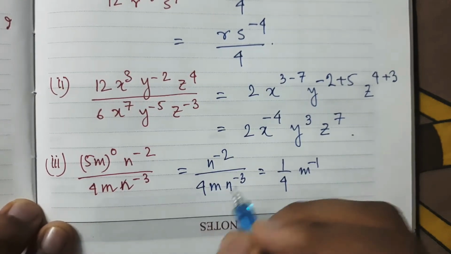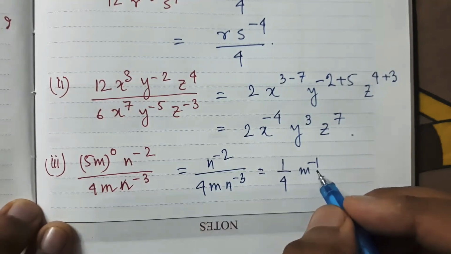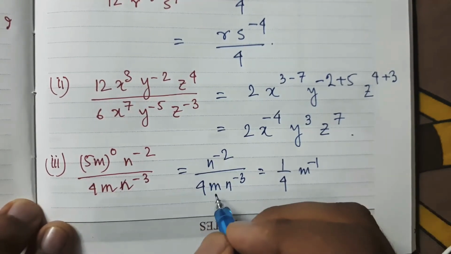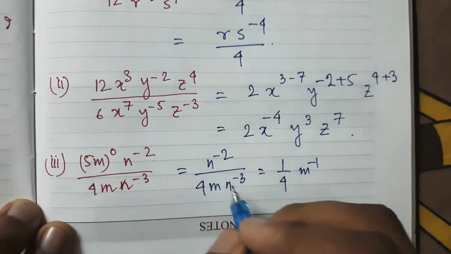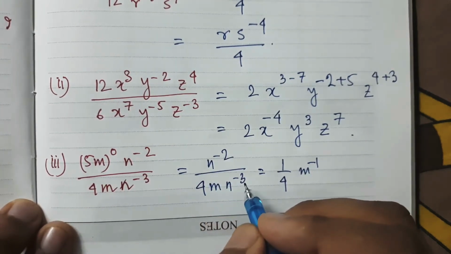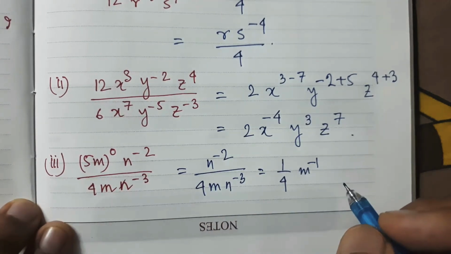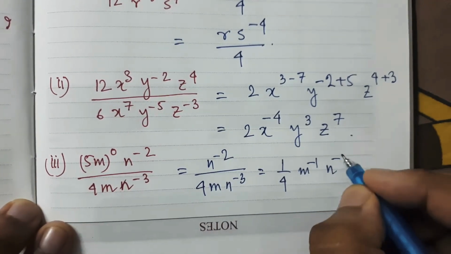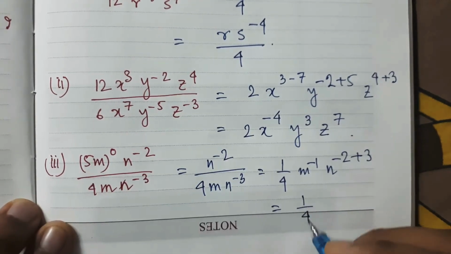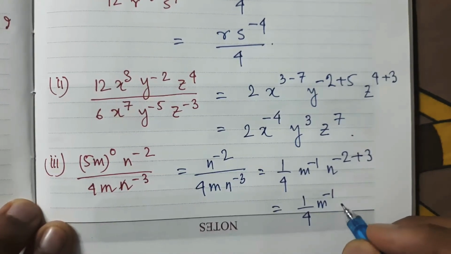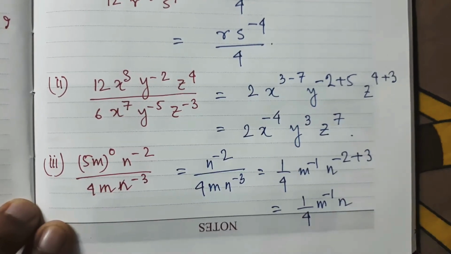So we can also say that 1 by m equals m to the power minus 1, because we don't want m in the denominator. Okay, and for n, n to the power minus 2 and n to the power minus 3, you can just apply formula number 5. So n to the power minus 2 minus of minus 3, so plus. So final answer is 1 by 4 m to the power minus 1 n.